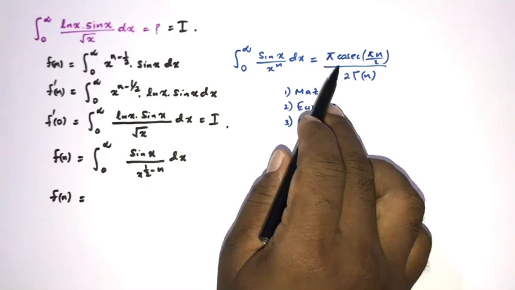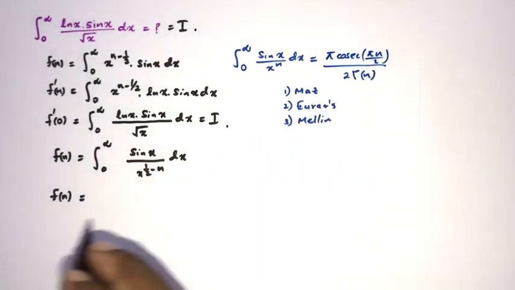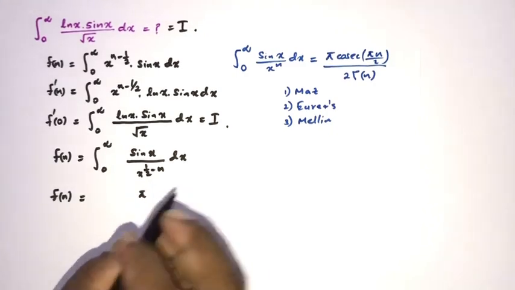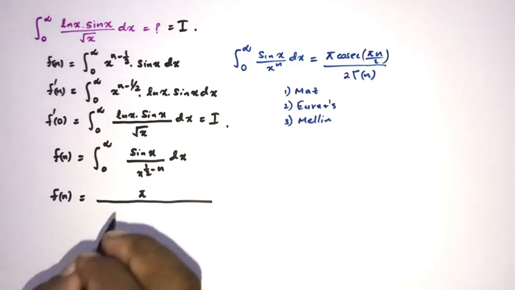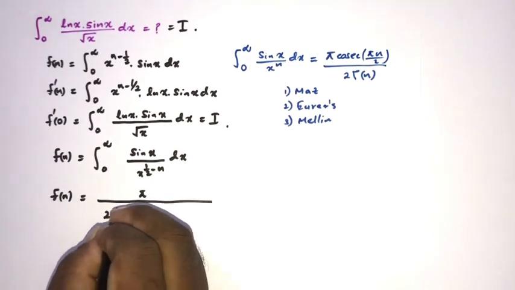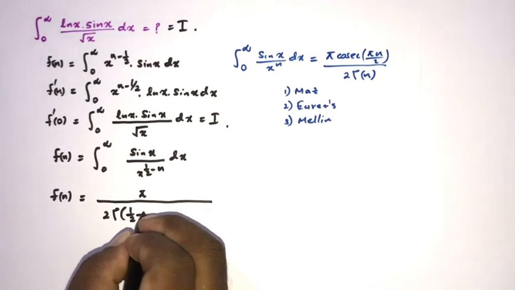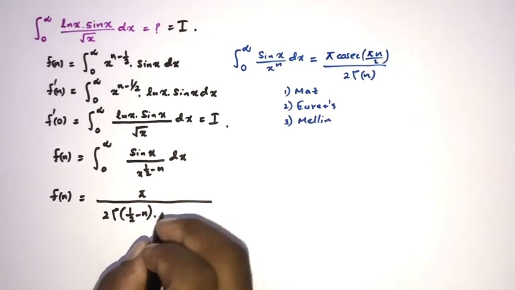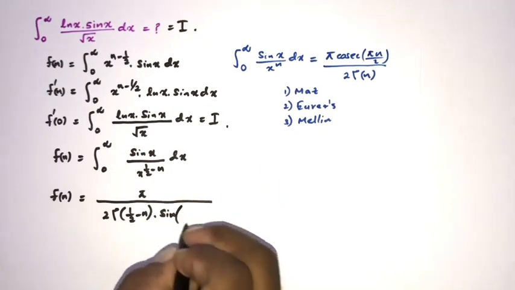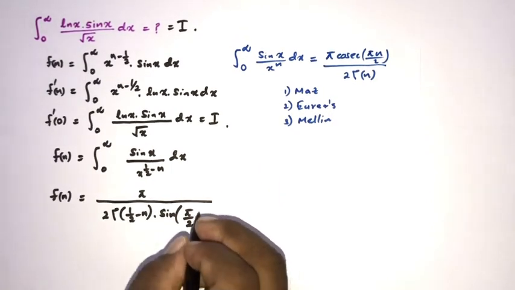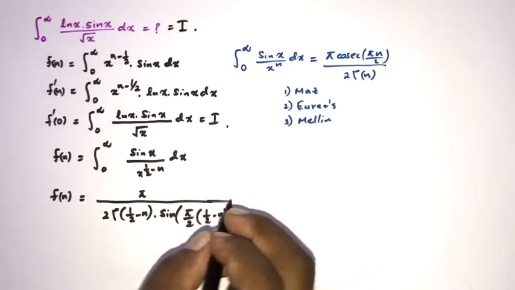Using this integral identity, we have pi over 2 times gamma of 1/2 minus n, times cosecant, which is 1 over sine, of pi over 2 times 1/2 minus n.